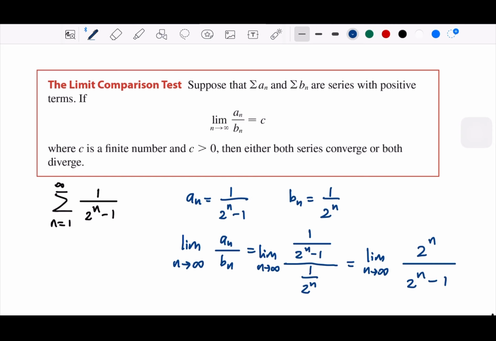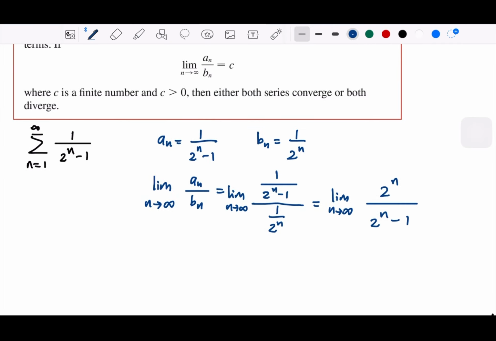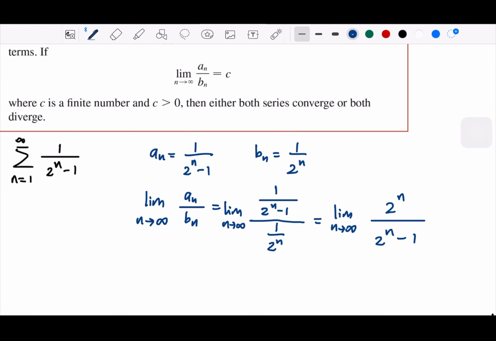Then we solve this with the limit property. We divide by 2 to the power of n in both, this is 1, this is 1, and the remaining term goes to 0 by the limit. So we can conclude that this is equal to 1.